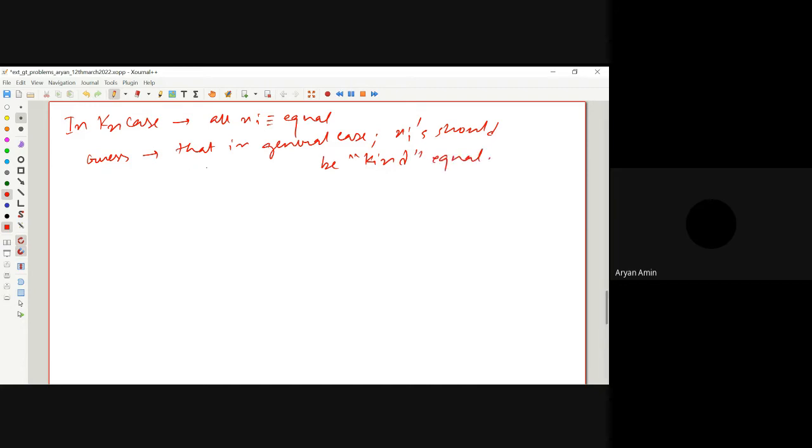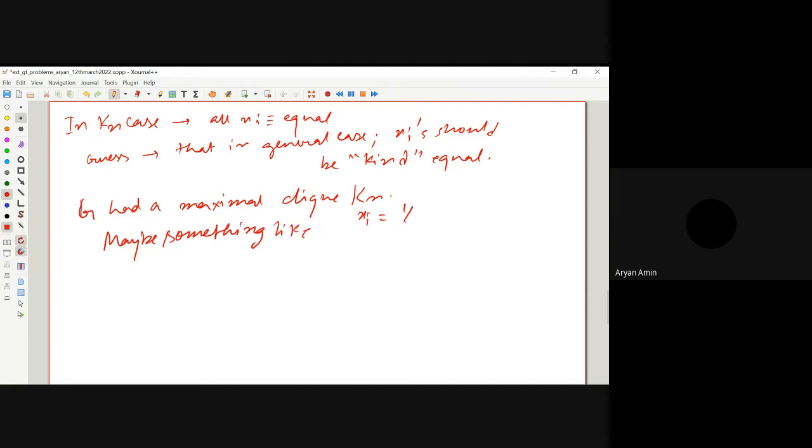What I mean by that is, suppose your graph G had a maximal clique Kr, right? Then maybe something like xi equals 1 by r where i is at most r, and xi equals 0 for the other vertices.